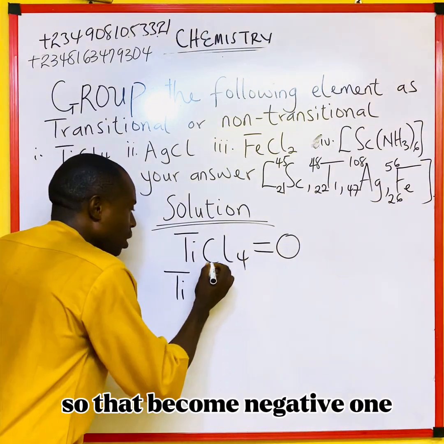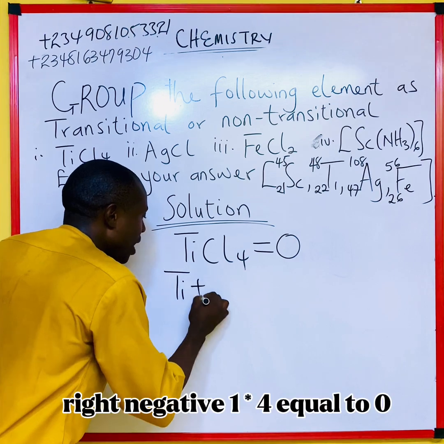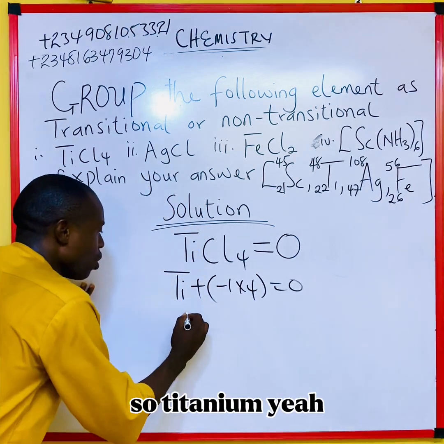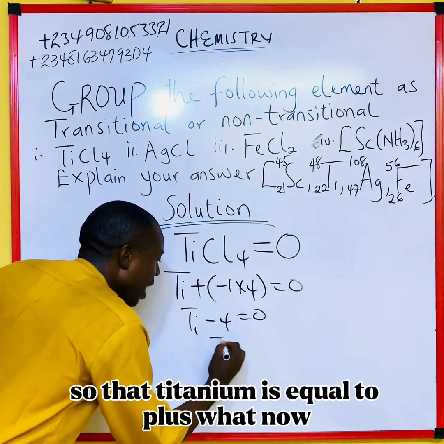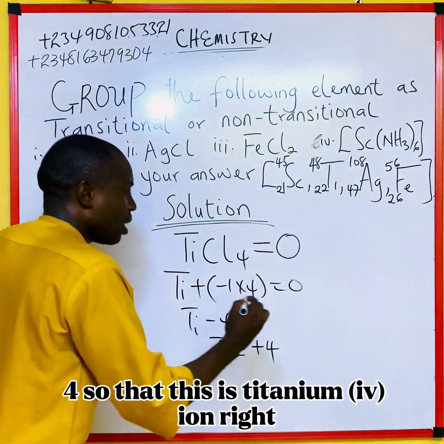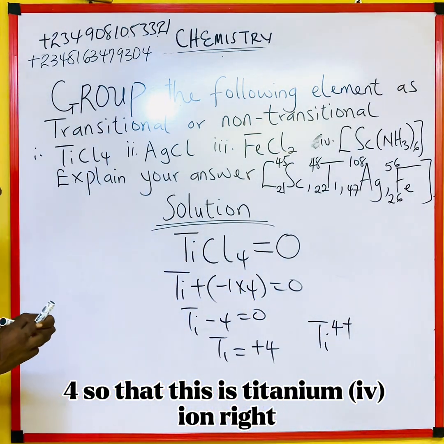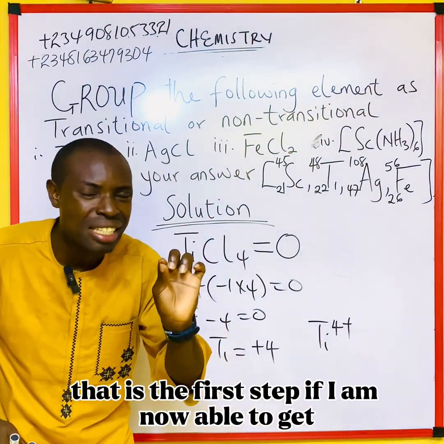So -1 times 4 equals 0. So titanium minus 4 equals 0, so titanium is equal to plus what now? 4. So this is the titanium 4 ion. That is the first step.